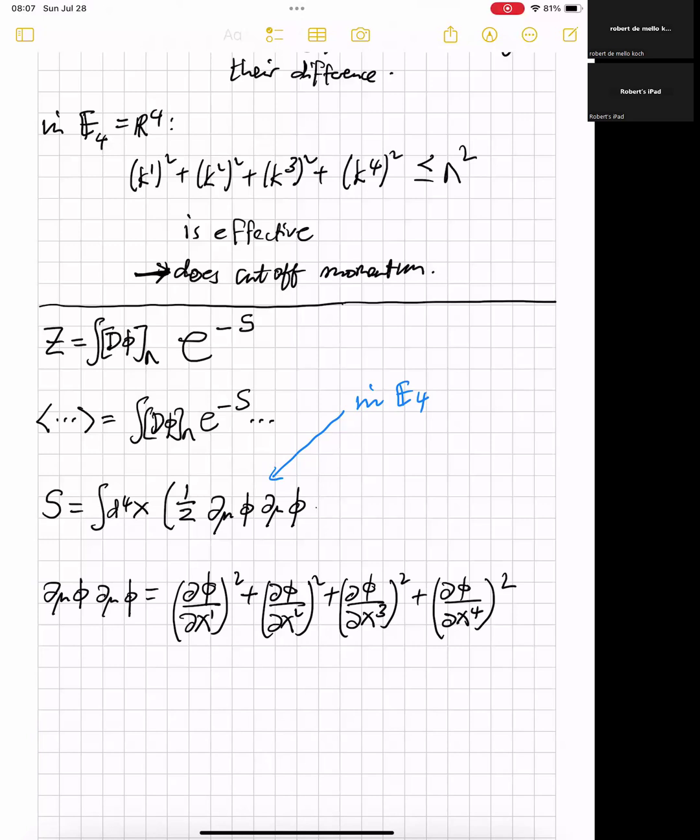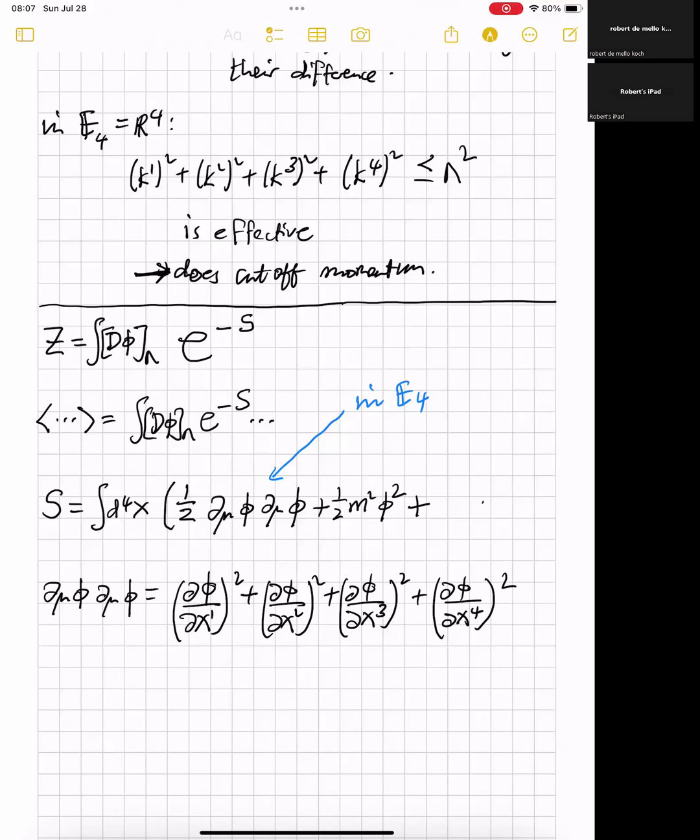Then let's write down the mass term, plus 1/2 m squared phi squared. And now it looks like the mass term has the wrong sign. Sorry, in Minkowski space, we would have had a minus sign. In Euclidean space, it's a plus sign. And the interaction also comes with a plus sign, so also unusual.